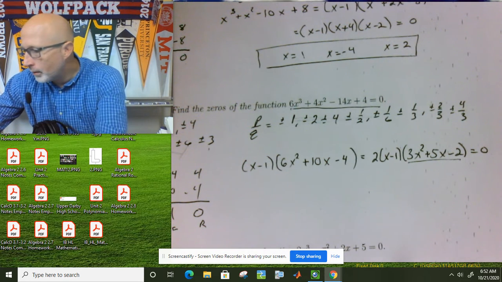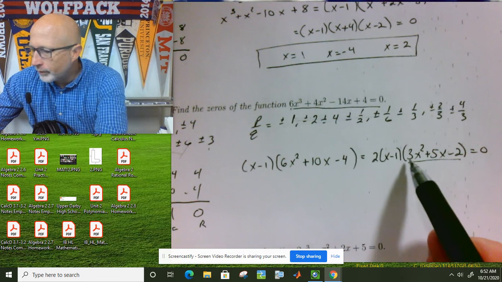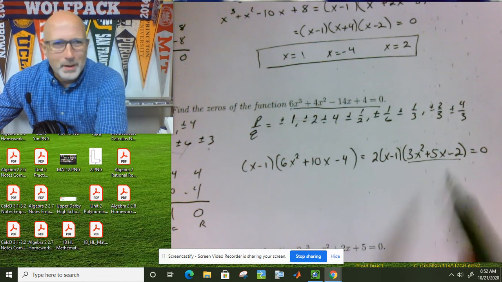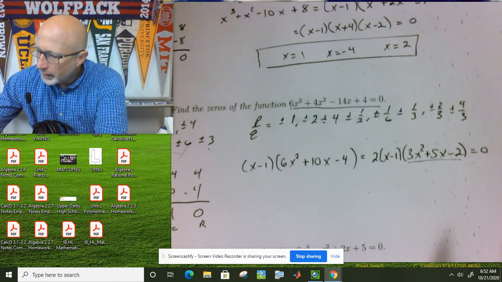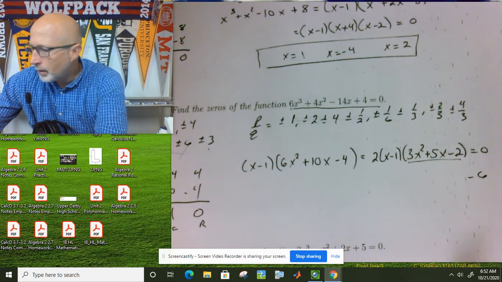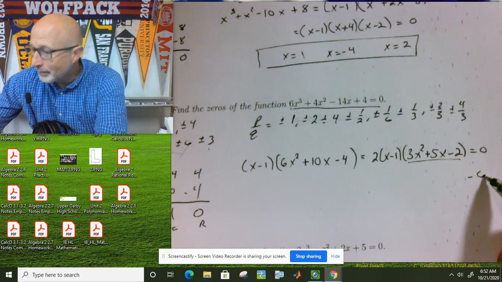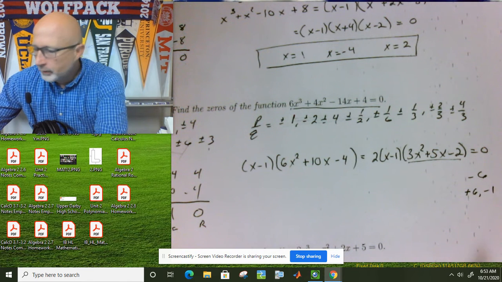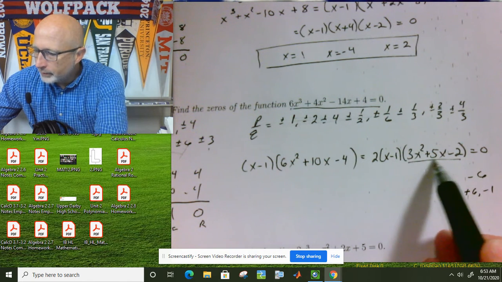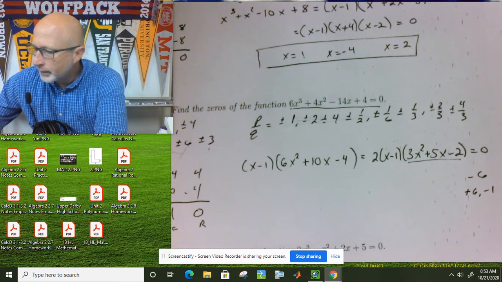So I'm going to do it the method where I take the first times the last term. There's so many methods here, right? So you take the first times the last term and you get negative 6. And then what are the factors of negative 6 that add up to positive 5? We have positive 6 and negative 1. So I'm going to rewrite this, but I'm going to rewrite it as 6 minus 1.